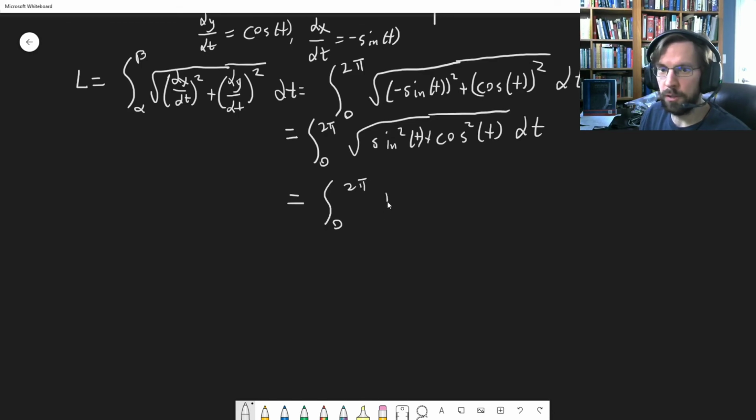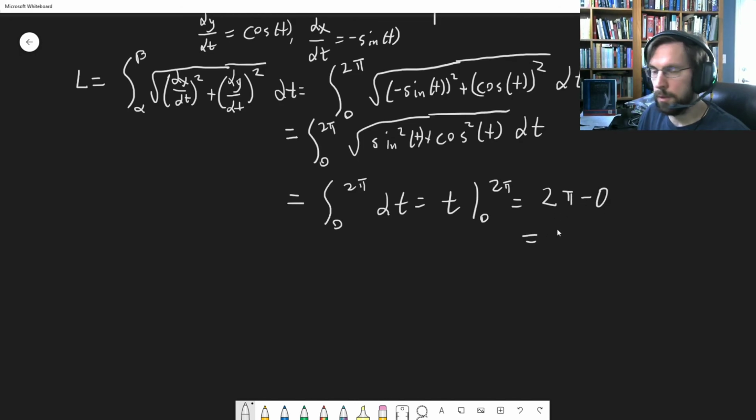The square root of 1 is 1, so this is just the integral of dt. So this is t integrated from 0 to 2 pi, which is 2 pi minus 0, which is 2 pi.